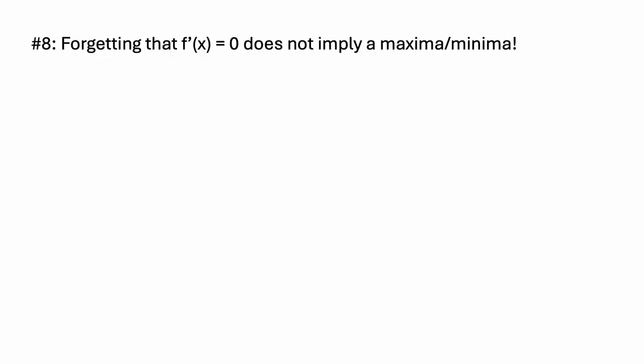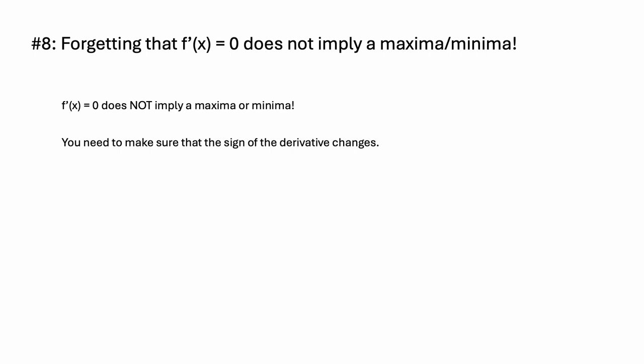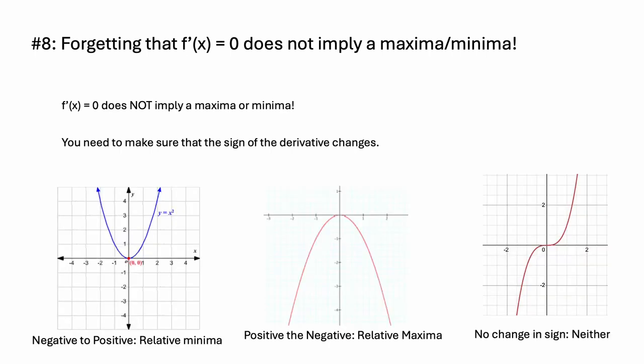Mistake number 8 is forgetting that f prime of x equals 0 does not imply that there is a maxima or a minima at that given point. You need to make sure the sign of the derivative changes as well. Here are some examples. Notice how here the derivative starts off negative, then goes positive. That's a relative minima. It goes from positive to negative, relative maxima. But here, there's no change in the sign of the derivative as it approaches from the left and as it goes away to the right.